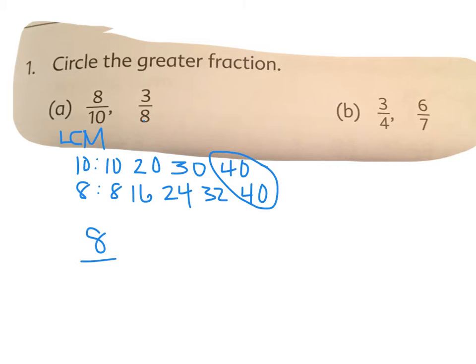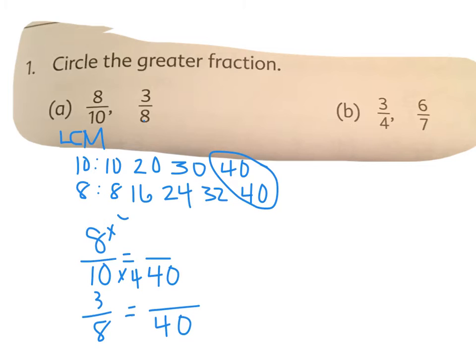So now I'm going to make 8/10 equals how many 40ths? And 5/8 equal how many 40ths? Whatever you do to the bottom, you have to do the top. So let's take 8/10. What did I multiply 10 by to get 40? 4. So now I need to multiply 8 times 4, 32.